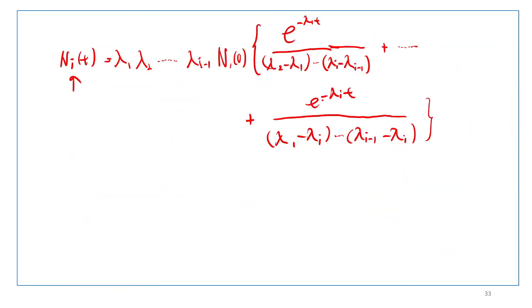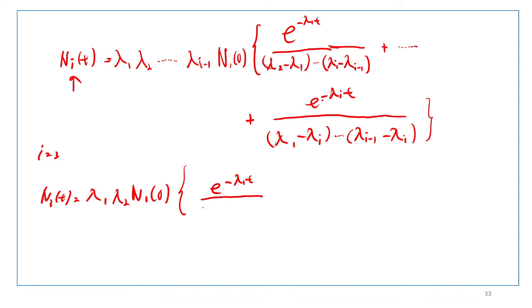Okay, you can try. Let's say I is 3. So N3(t) is equal to lambda 1 until lambda 2, and N1(0). So in the bracket it is the exponential of minus lambda 1 t over lambda 2 minus lambda 1.